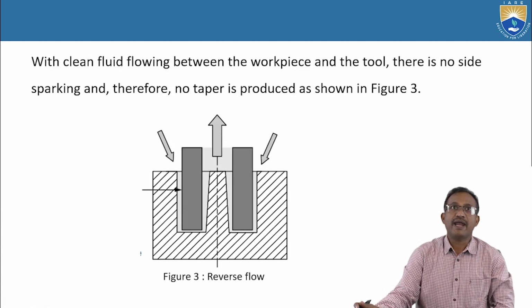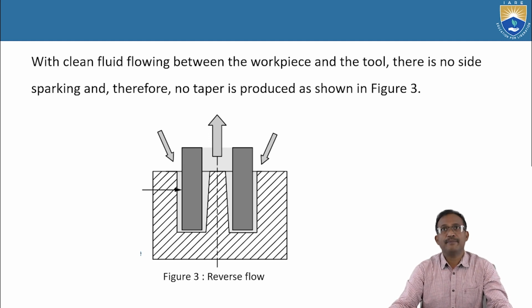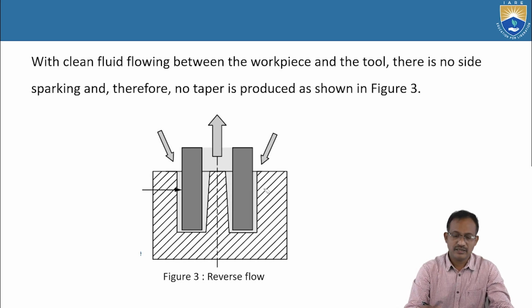With clean fluid flowing between the workpiece and the tool, there is no side sparking and therefore no taper is produced, as shown in the figure. So here there is no taper.